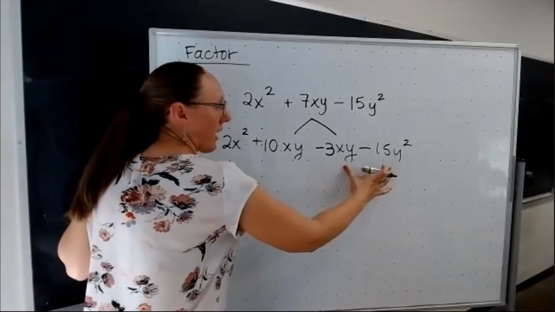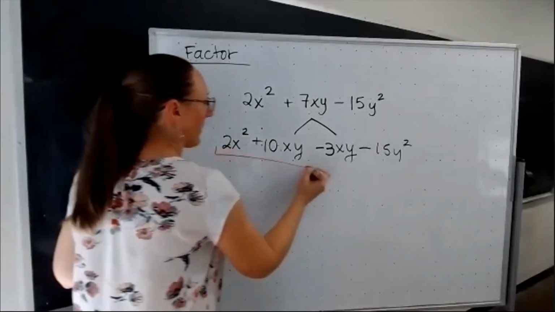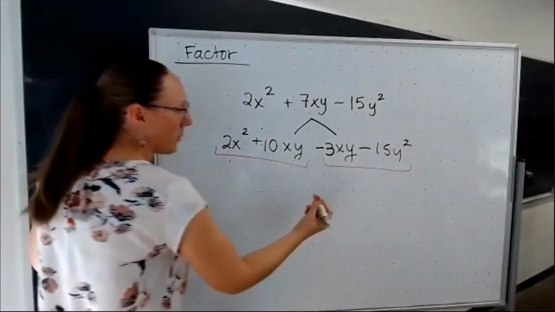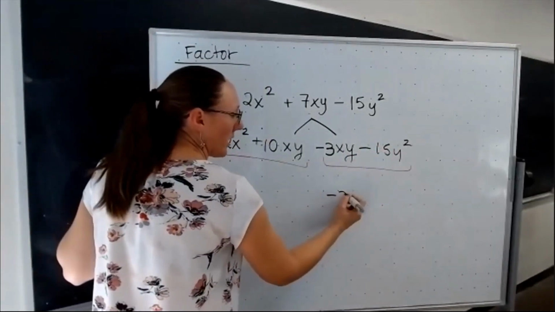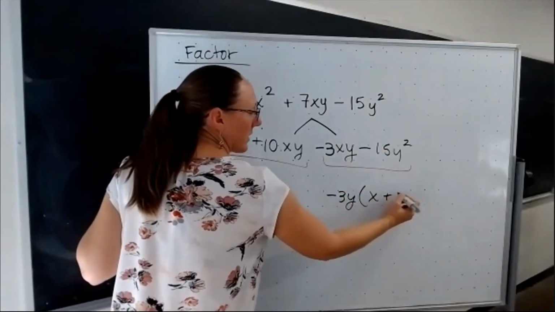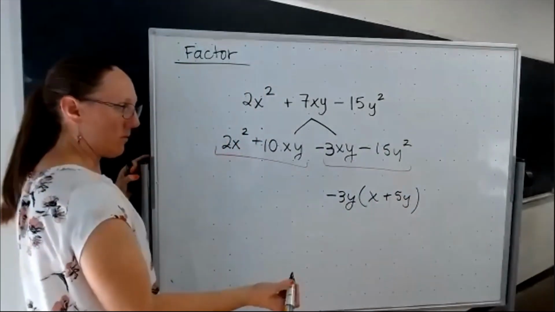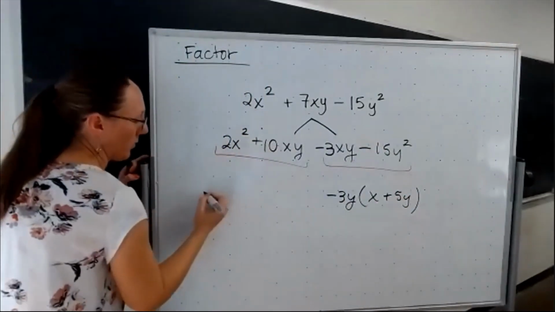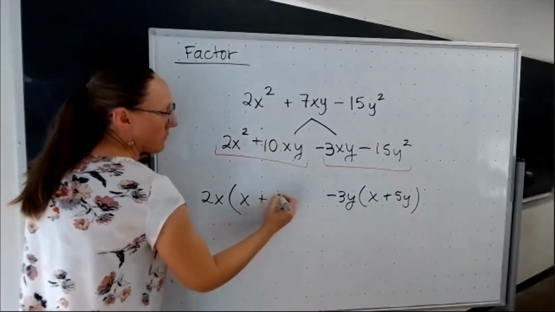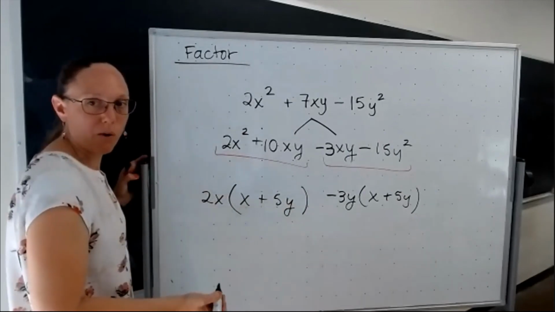And then over here, let's just give it a shot. Little bit of trial and error here. But over there, I could then pull out a negative 3y, and I'd have x plus 5y. Yeah, and then over here, I could pull out a 2x, and I would have x plus 5y. And now it works.